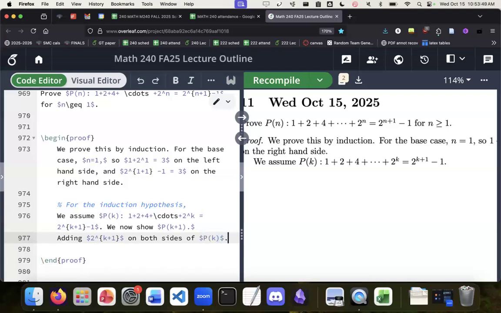And then since I just mentioned P of K plus 1, I think it might be useful to mention P of K here to say, I'm not adding 2 to the K plus 1 on both sides of P to the K plus 1, right? I'm adding it to that. So just to be clear of where that operation is happening.